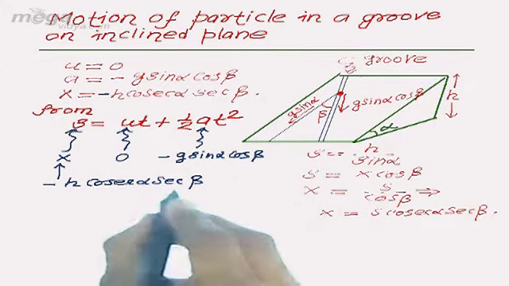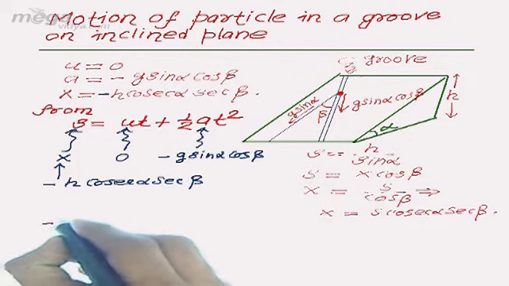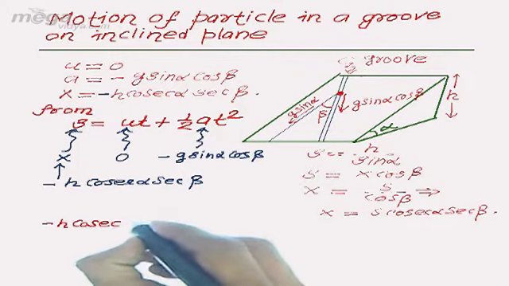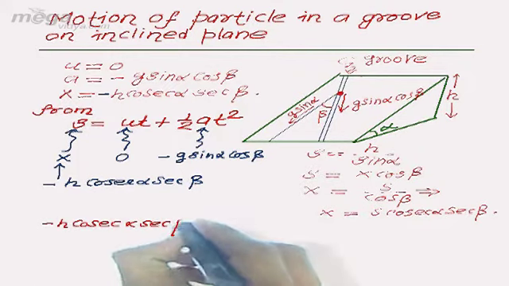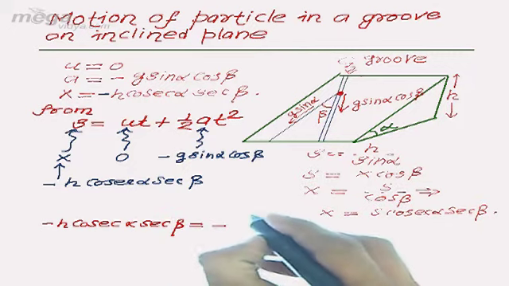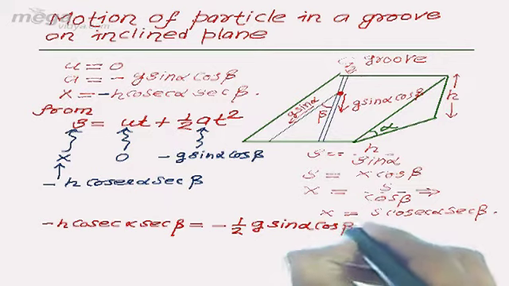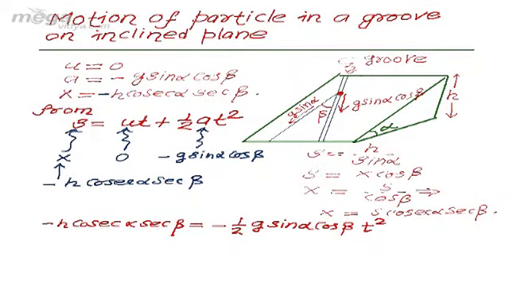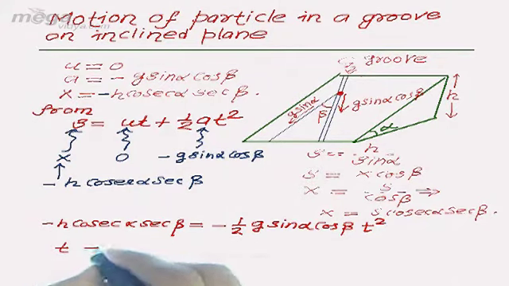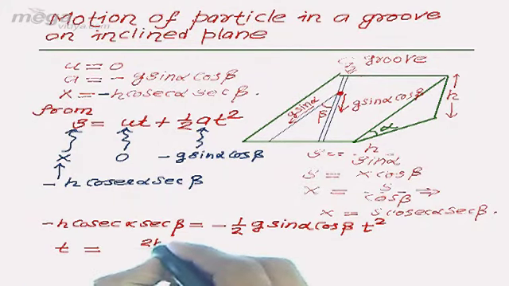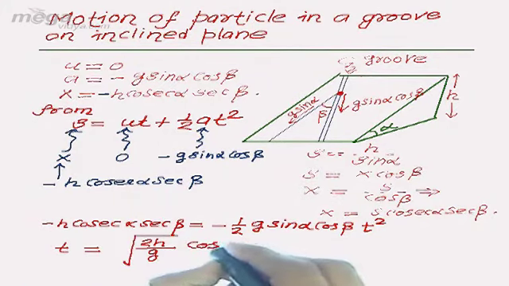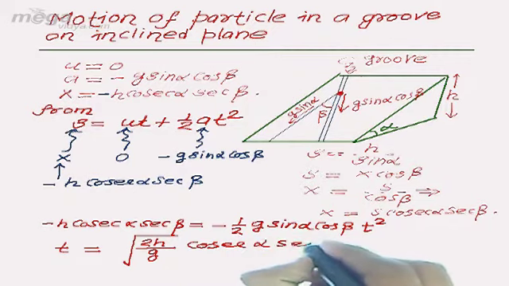From here we can write minus h cosec alpha sec beta equal to minus half g sine alpha cos beta into t square, or by solving it we get t equal to root of twice h by g, cosec alpha sec beta.